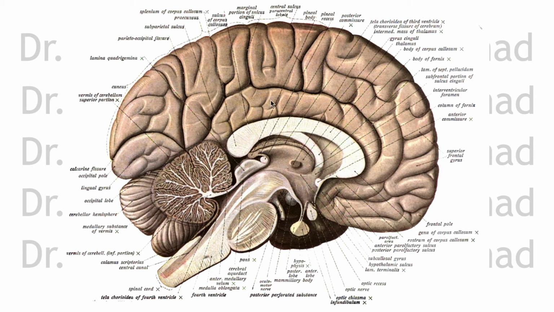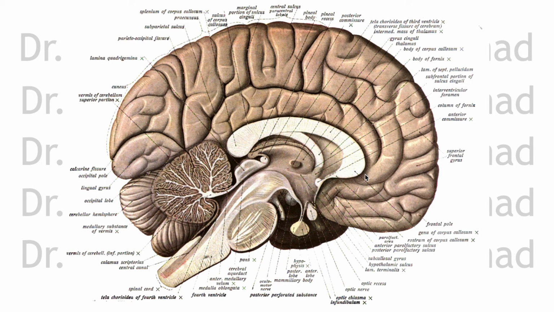It runs around this structure, which is the corpus callosum, a bunch of white matter, and the fornix, another white matter collection, and the anterior commissure, another white matter collection. This encircles them. It's called the cingulate gyrus, and has the cingulate sulcus and the callosal sulcus beneath it.